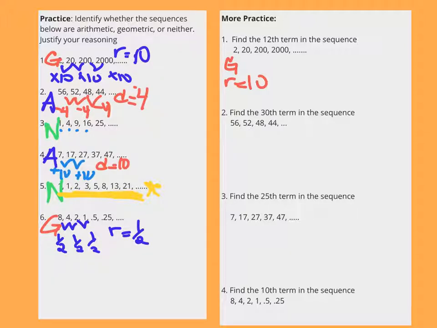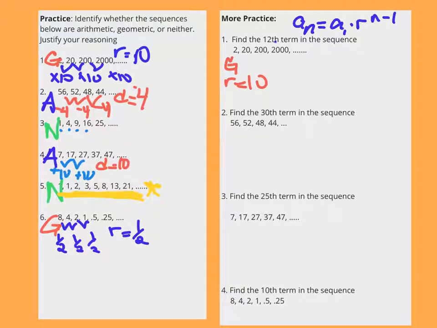So we have the first term, second term, third term, fourth term. We could keep multiplying by 10 until we get out to the 12th term, or we can use our explicit formula. The explicit formula for a geometric sequence is a sub n is equal to a sub 1 times r to the n minus 1.